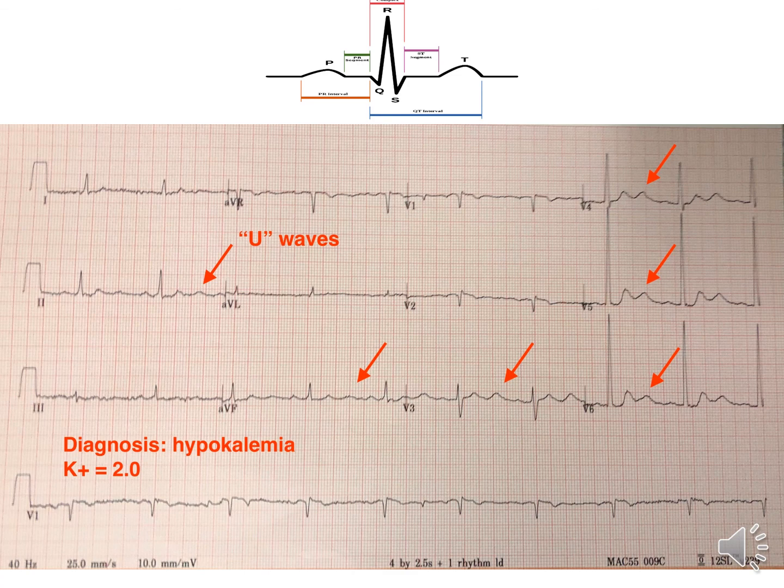You're going to see U waves and ST segment depression. So at the top, I forgot to put that up there. At the top, you're going to see where the T wave is. And I said that the ST segment is going to be depressed. So see where the ST segment is up there? You're going to have flat or inverted T waves and an increase in U waves.